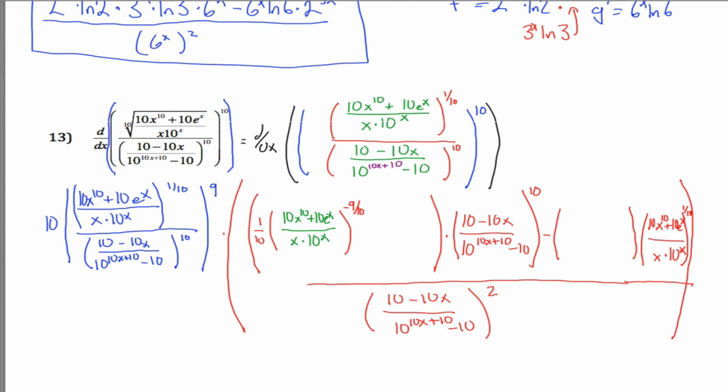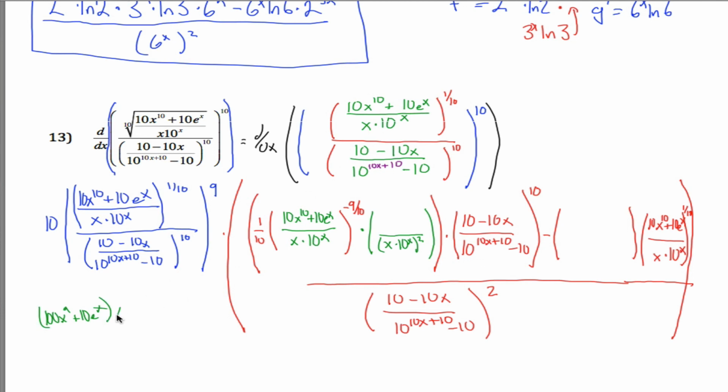The problem with the green is it's a quotient rule. So the derivative of just the green up top here will be f prime, the derivative of the top. So maybe I need to set up a quotient rule here. My quotient rule eventually is going to go here, and it'll be something divided by something. F prime is going to be 100 x to the 9th plus 10 e to the x. That's the derivative of the top here, times g.